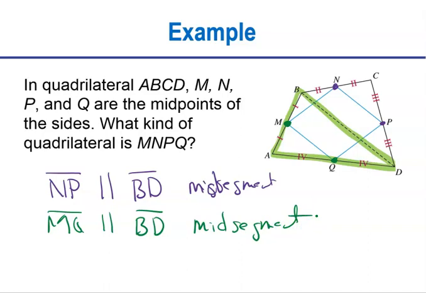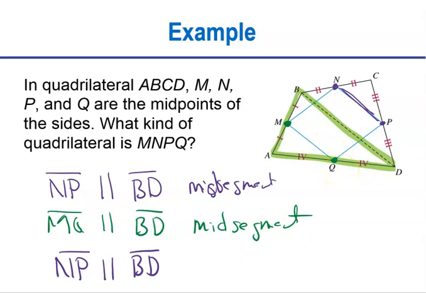Okay? Now, how does that help us at all? Well, you know what? If NP is parallel to BD and MQ is parallel to BD, hey, can we not say that NP is parallel to MQ?